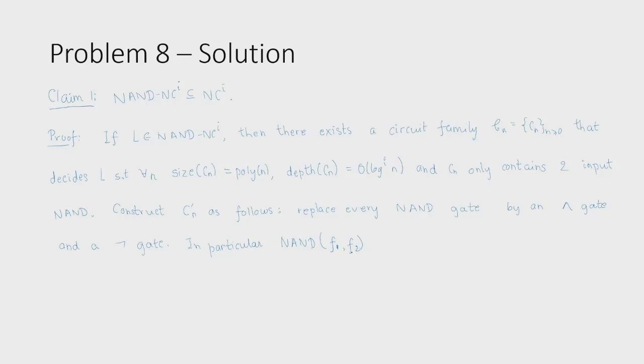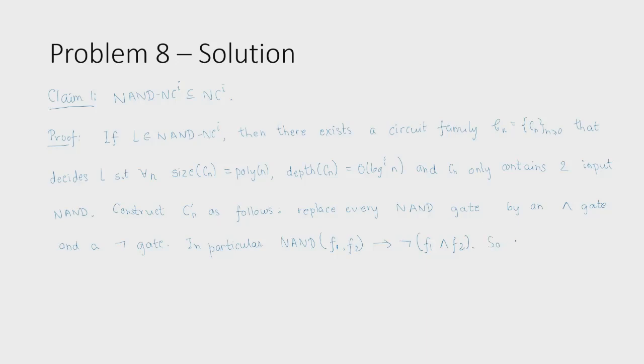But if the NAND gate is connected to, let's say, two other NAND gates, then F1 and F2 might be Boolean functions. So NAND(F1, F2) would become NOT of (F1 AND F2), and these two are exactly equal.